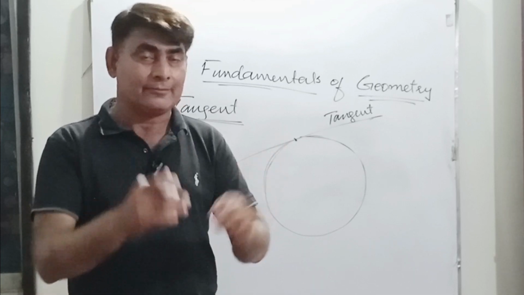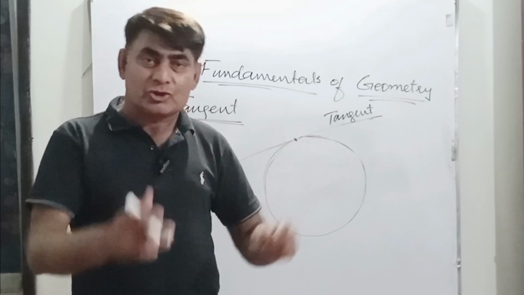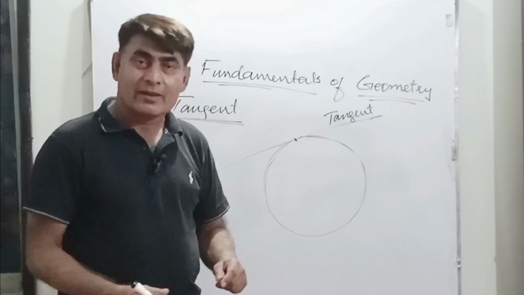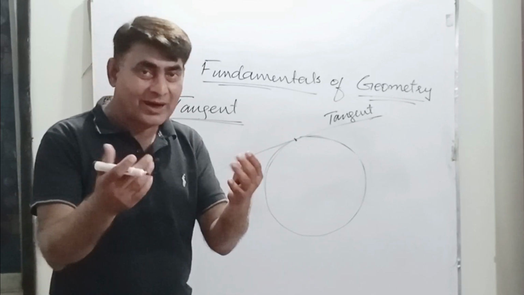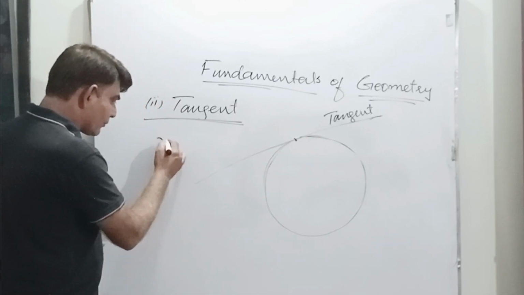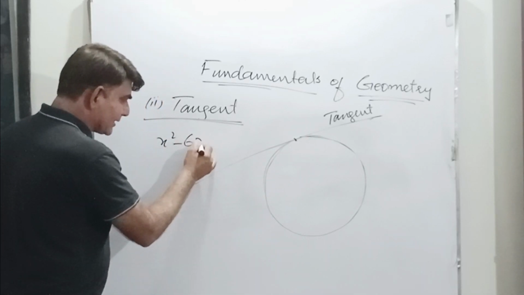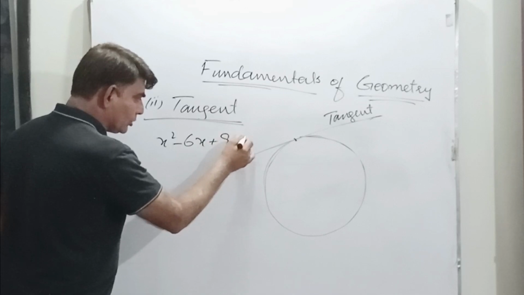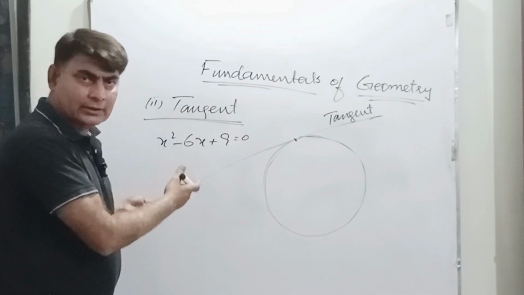In case of a secant, two different solutions. In case of a tangent, we have a case of a whole square, so just one solution. Let's suppose x square minus 6x plus 9 equal to 0. We are going to solve it.